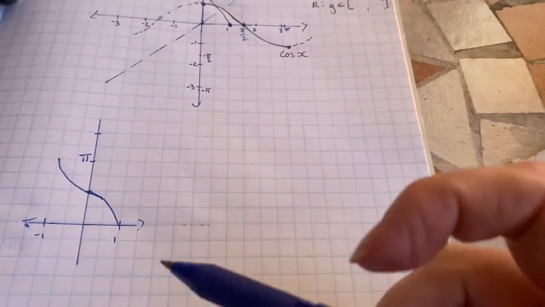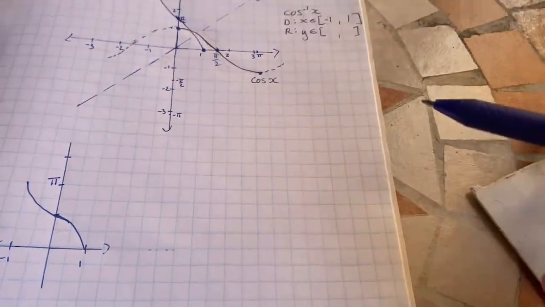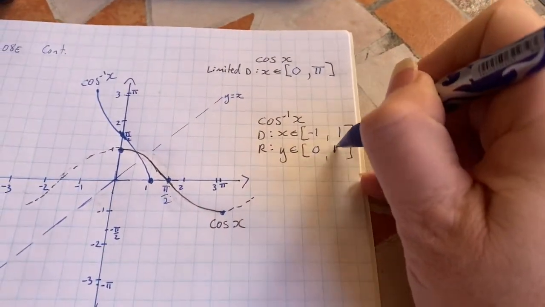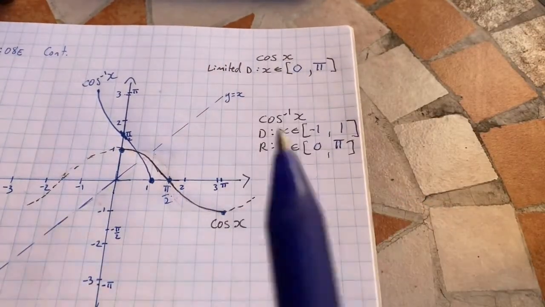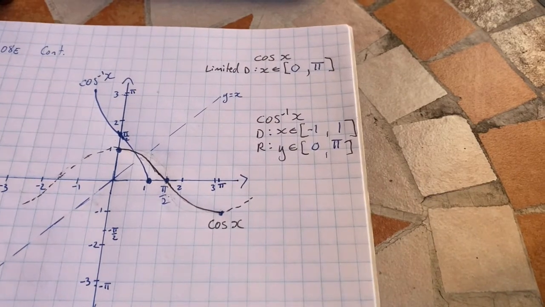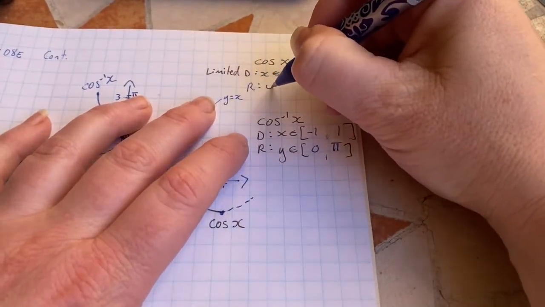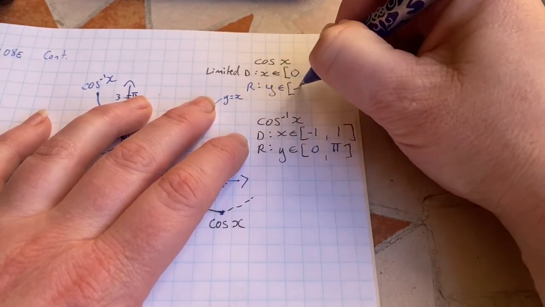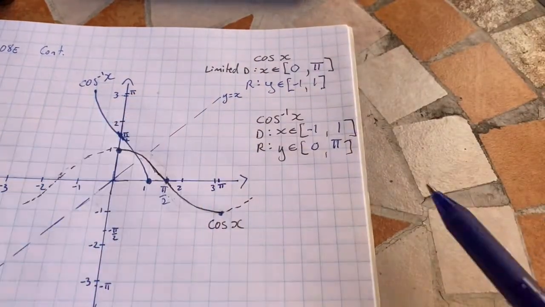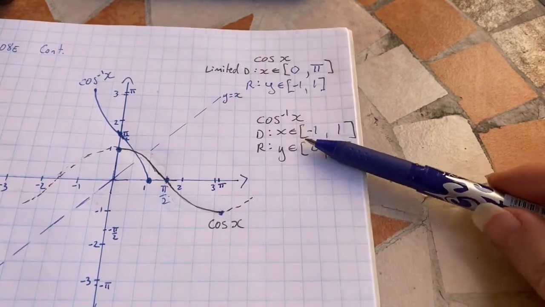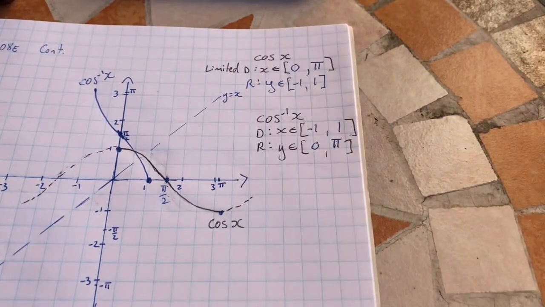And the range goes from 0 up to pi. So again, they are flipped. Where cos was limited from 0 to pi, and the range of cos, as always, is from -1 to 1, on an inverse function, of course, those two things get switched.